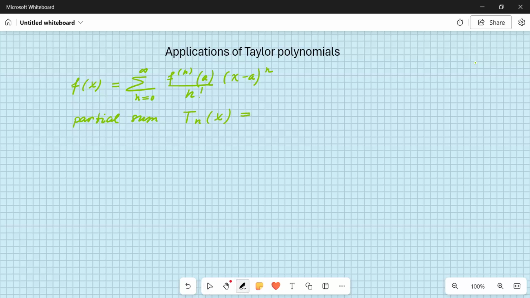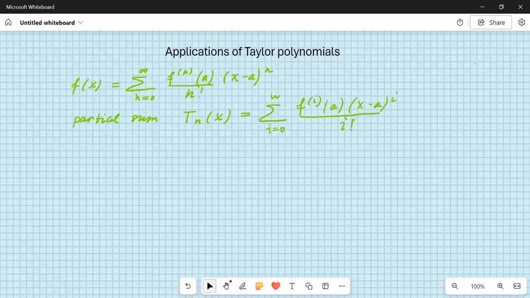And this partial sum is not going to have infinitely many terms, but it's going to have a finite amount of terms. I'm going to write it down like this: f^(i) at a, times (x minus a) to the power of i over i factorial, and here i goes from 0 to n.